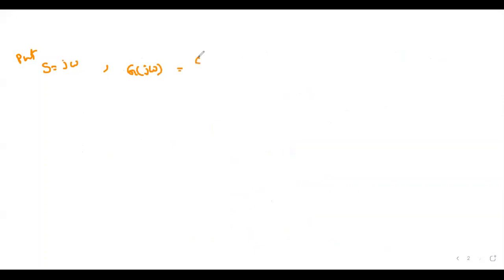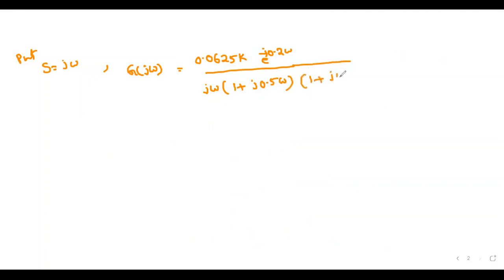It is 0.0625 k into e power minus 0.2 j omega divided by j omega into 1 plus j 0.5 omega into 1 plus j 0.125 omega. Okay.